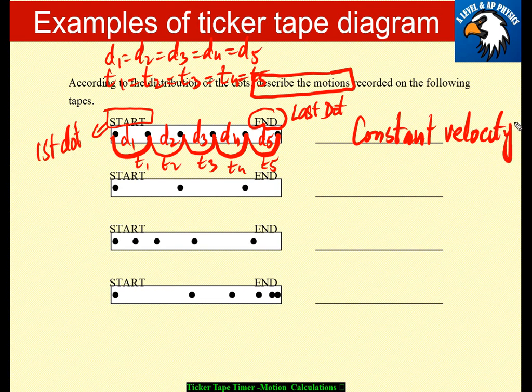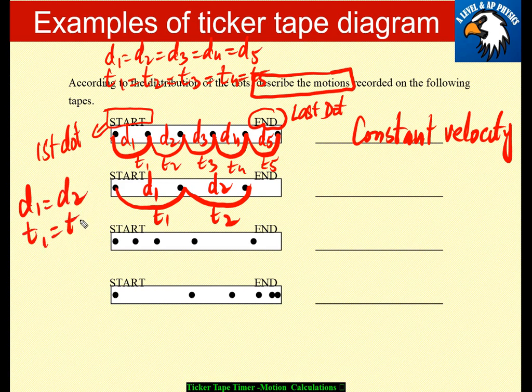How about the next one? Now, let's see the distance. This is the distance between these two dots and this is the distance between these two dots. Is this distance the same or not? Let's say this is d1 and this is d2. As in this case d1 is equal to d2 and t1 is equal to t2, we can also say that this is constant velocity.